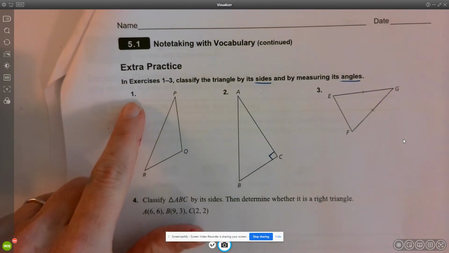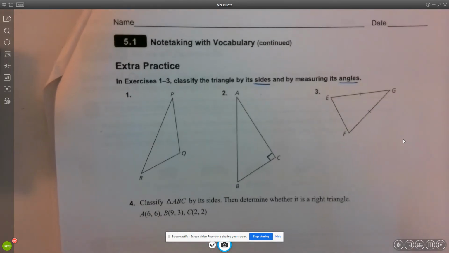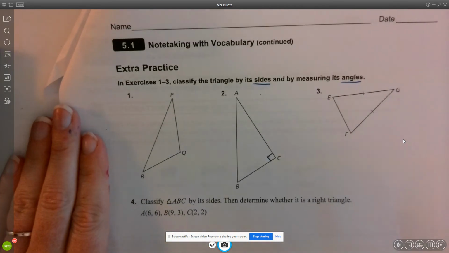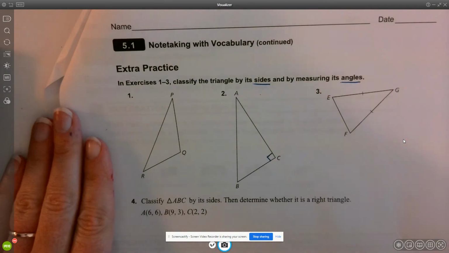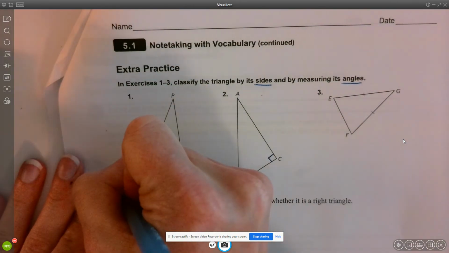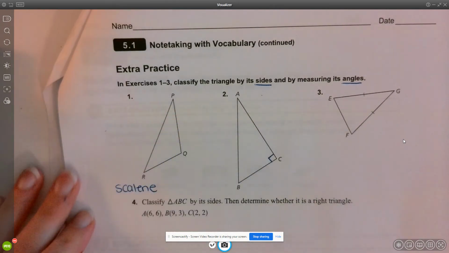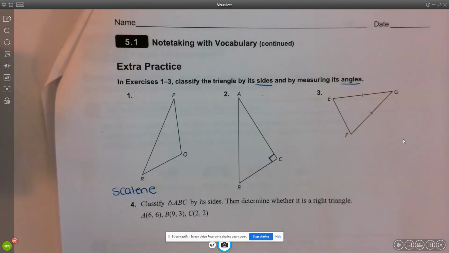And number 1, this triangle has no congruent sides. And I know that because there are no tick marks on any of the sides. So even if they were to look congruent, I can't assume they are. So I know this triangle will be a scalene triangle. Now let's classify it by its angles.